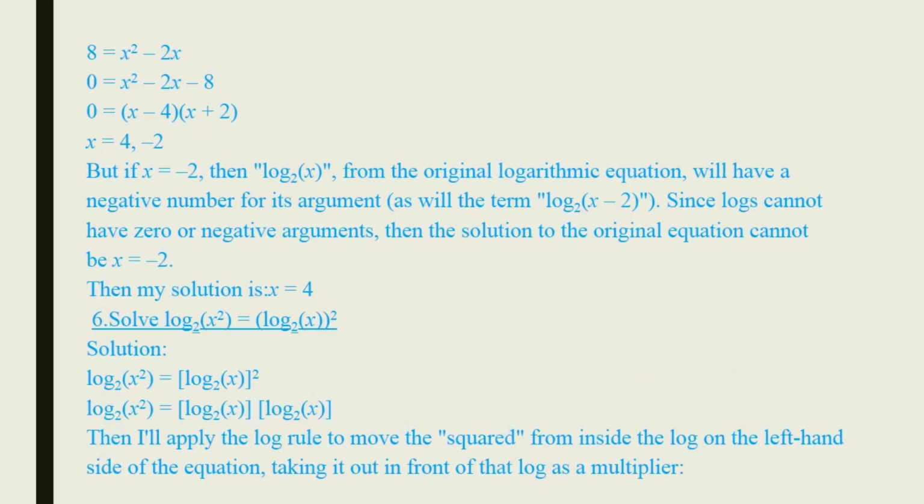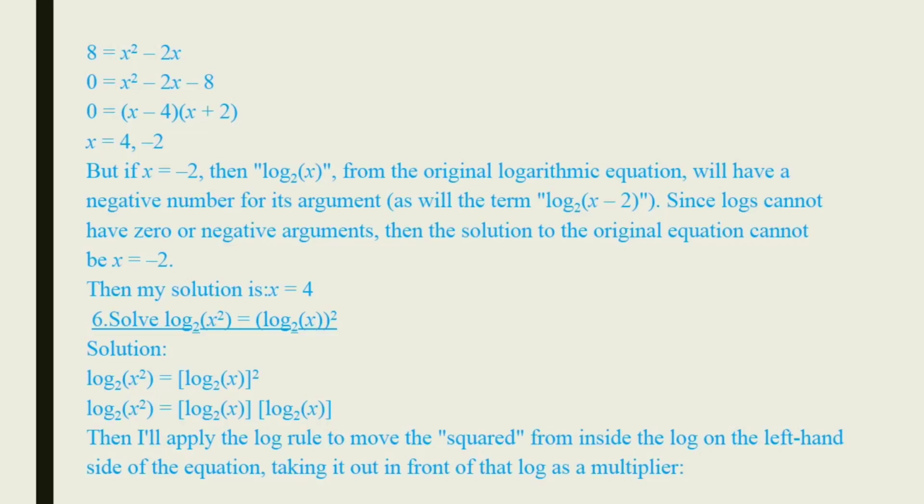But if x equals minus 2, then log x base 2 from the original logarithmic equation will have a negative number for its argument, as will the term log x minus 2 base 2. Since logs cannot have 0 or negative arguments, the solution to the original equation cannot be x equals minus 2. Then the answer will be x equals 4.